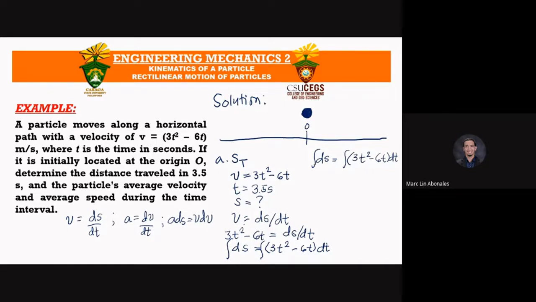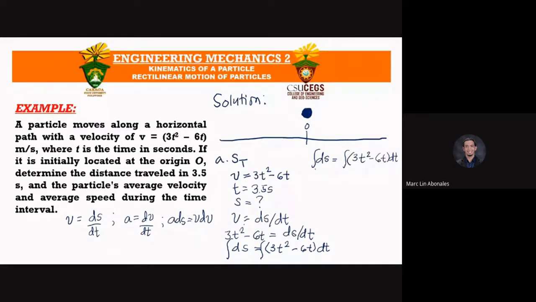So for this one, unsa man na nga to ang initial position ana? Unsay equivalent sa initial position or the lower limit for the left side sa imong equation diri sa ds? Ilang value na to?